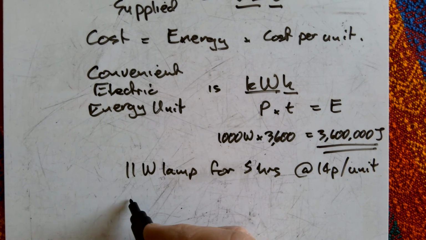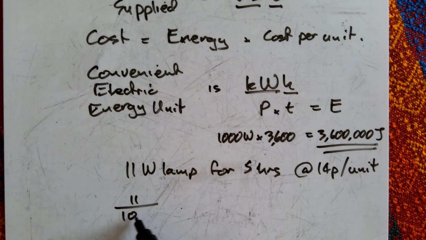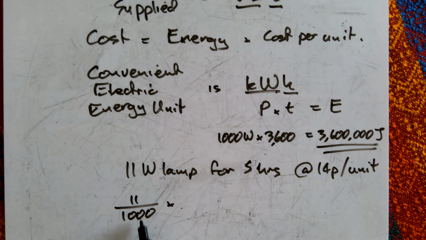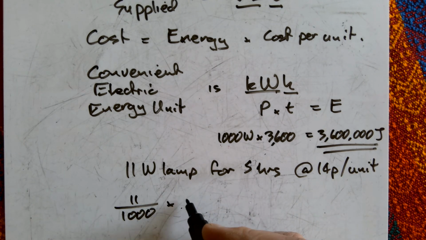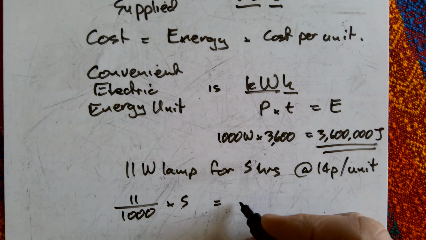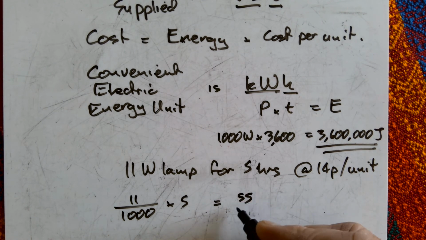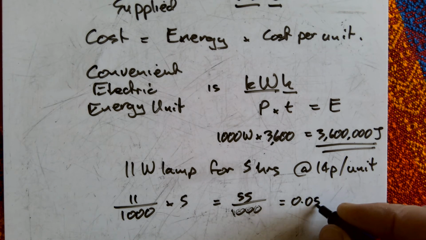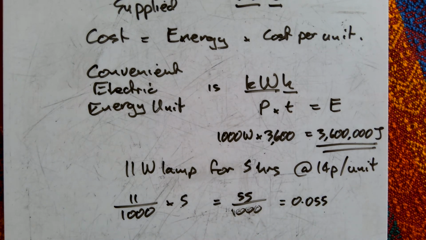If we put 11 over 1000, and times it by the time in hours, because that will give us kilowatts from watts, times 5 hours, we end up with 55 over 1000, which is 0.055.